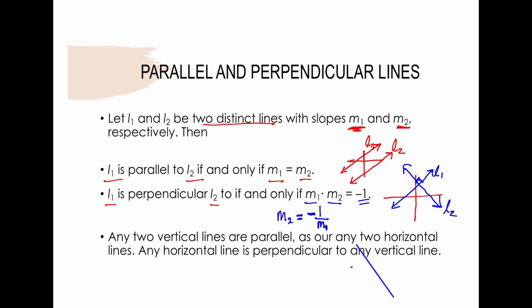The way that you can see why that works, if I take M1 times M2 in this case, that would be M1 times -1 over M1. The M's cancel, and I have 1 times -1, which is -1. So their product gives me -1. So perpendicular lines have the opposite sign and flipped version.